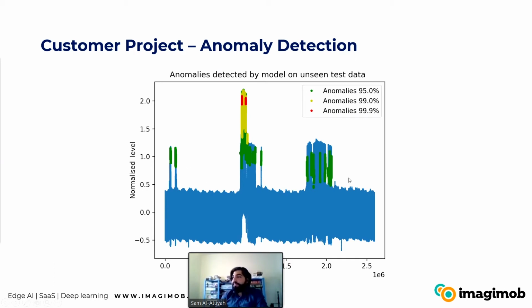So you could have, for example, just a warning here. Here you can have anomalies that might not be critical, and you can also identify critical anomalies. And this gives more power to the operator to understand what's going on with the product.